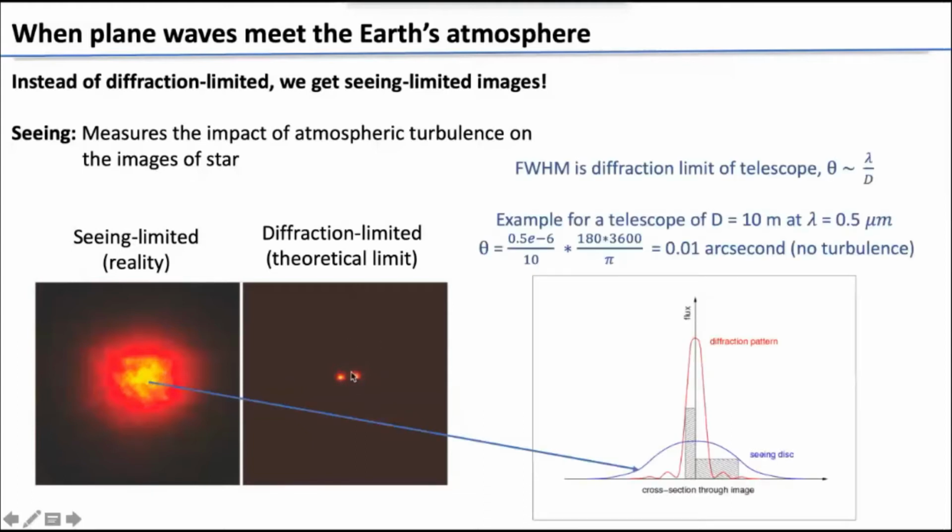So instead of getting a diffraction limited PSF, remember point spread function, what we get is a seeing limited PSF. Instead of a nice diffraction limited PSF where you have most of your light concentrated at the core, what you get is just a big blob of light. The angular size of your image is not lambda over D, where D is the diameter of the telescope.